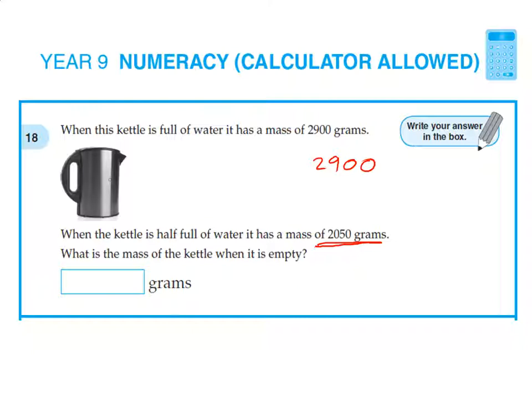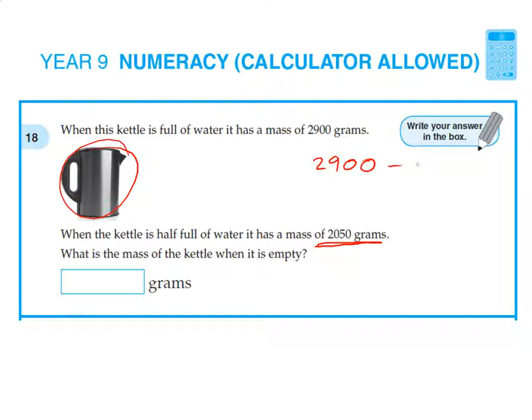So we need to find the mass of this kettle when there is no water in it. Now, the way to go about this is, because full is this, and half full is that, we find the difference. If you find the difference, it will give you half full of the water, just water only. So we're going to minus it.